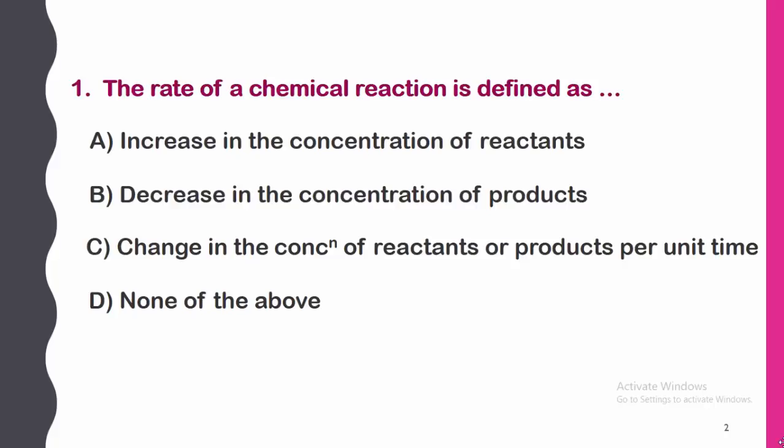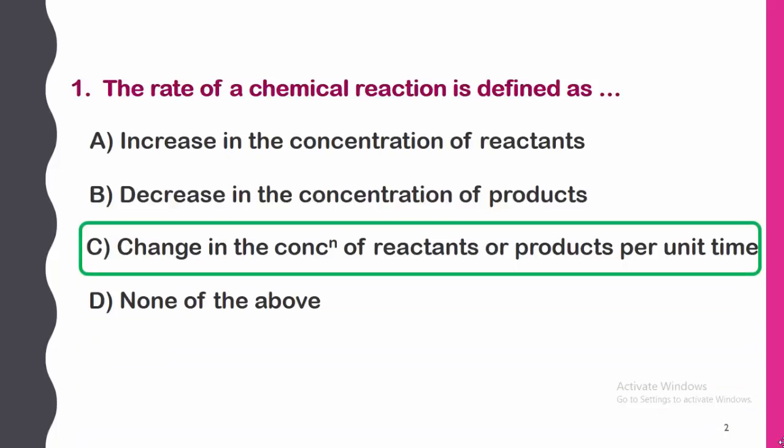Decrease in the concentration of the product is also not the correct answer, because the product concentration always increases. But the third, change in the concentration of the reactants or products per unit time, can be the answer. Here we can say that is decrease in the concentration of the reactants or increase in the concentration of the products per unit time.